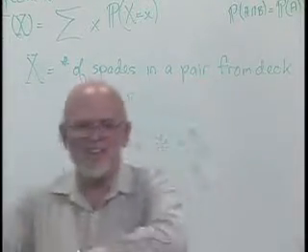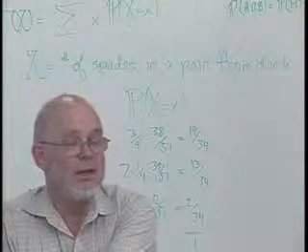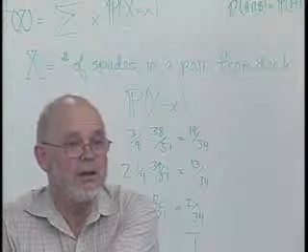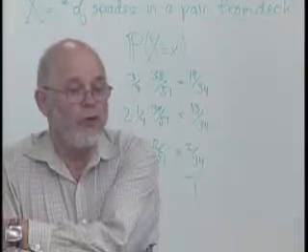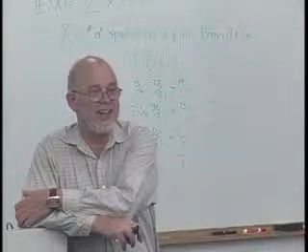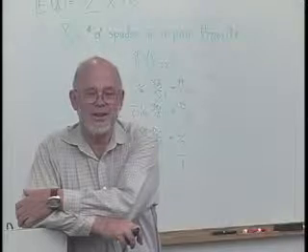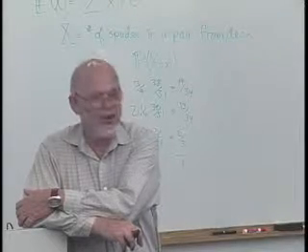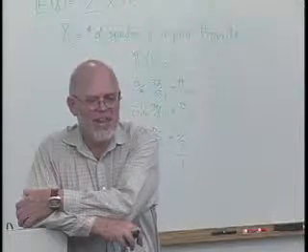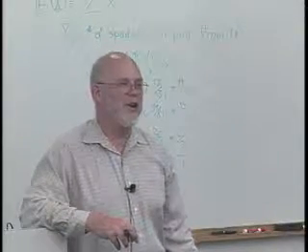But what does the expected number of spades have to be? You pull 2 cards from a deck. What's the expected number of spades? 1/2. 1/2, sure. Because each time you pull a card, the expected number of spades is 1/4.